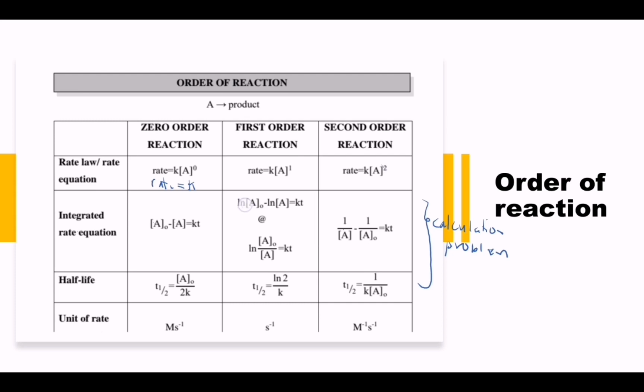It's the same for all three. What's important here is you must first identify whether the reaction undergoes 0, first or second order before you use the equation. The same goes for half-life. After you have identified whether the reaction is 0, first or second order, we choose which equation to use depending on the order of that reaction.